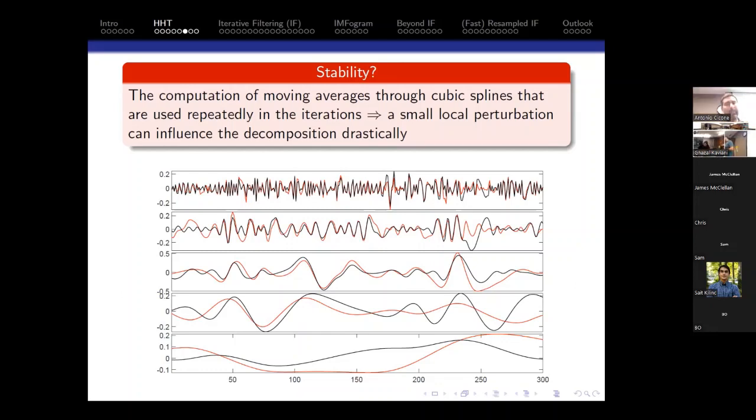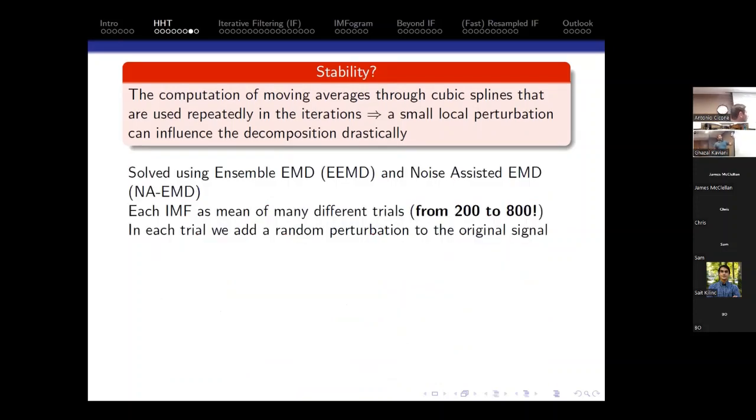This is what in the literature is referred to as instability. It's slightly more complicated than instability, but we can accept that definition. Okay, so it's not working. It's not doing what it should do. It basically is influenced by small perturbations. But this problem has been fixed in what they call ensemble or noise-assisted empirical mode decomposition.